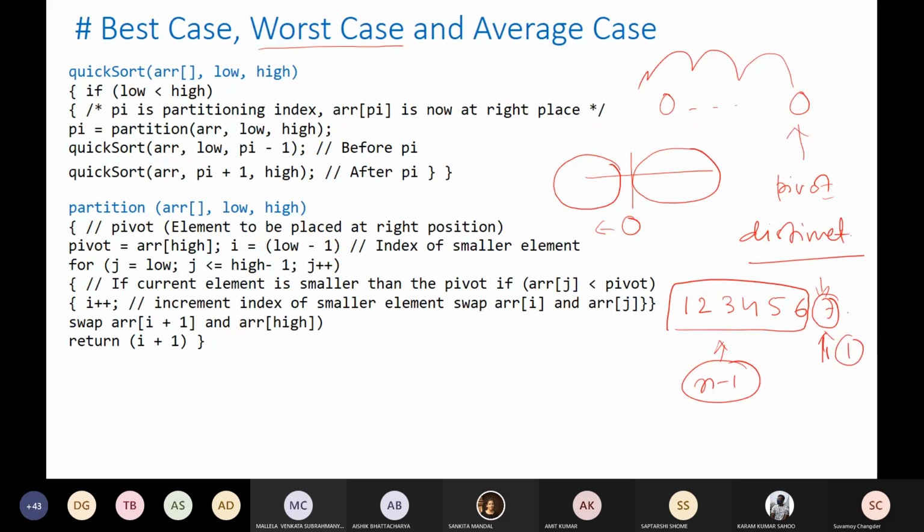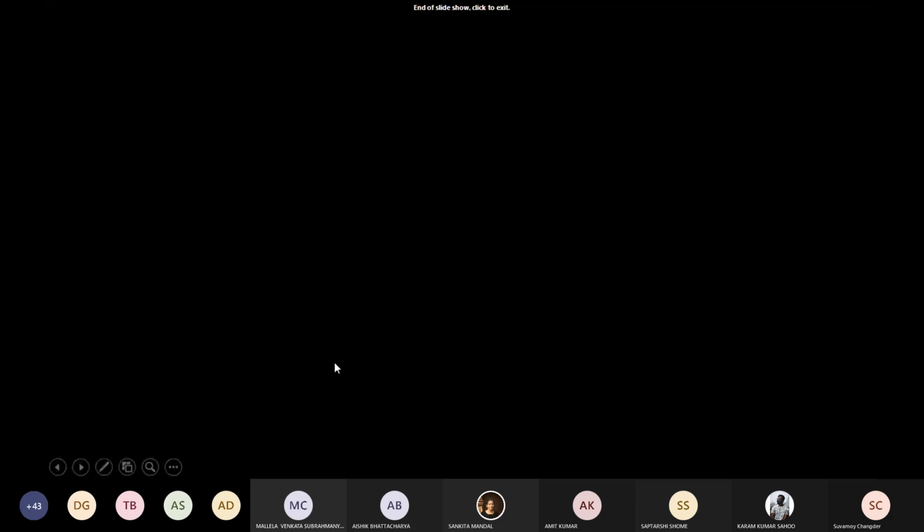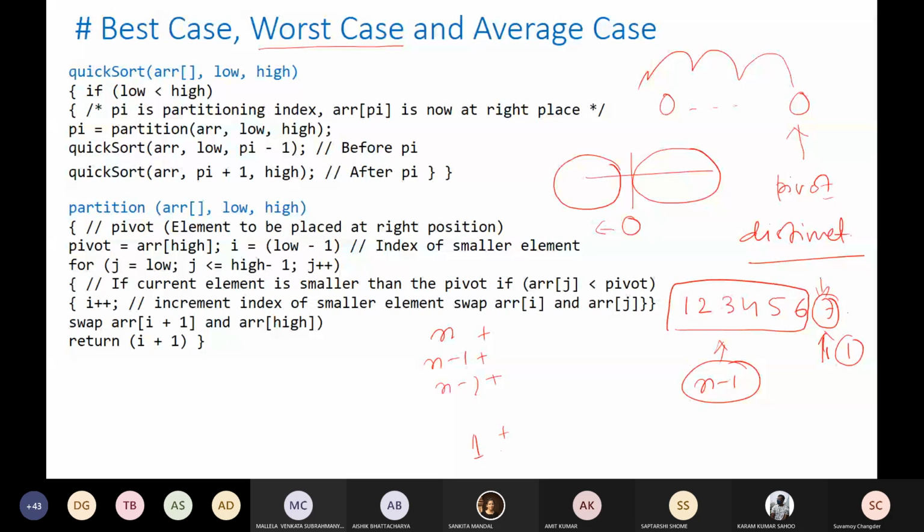If you go on calculating this, you will find n minus 1, n minus 2 and so on up to 1. If you add all these, you will get a series, and that will give you the time complexity as a polynomial of n square. I am not writing order of or something. It will be a polynomial of n square.